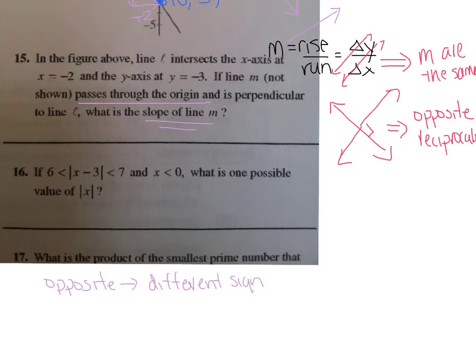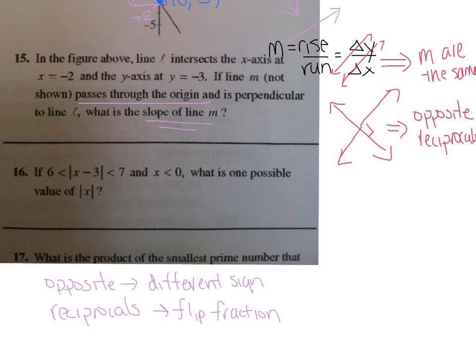And the word reciprocal means I take the fraction, whatever it is, and I flip it over. This would be basically the fraction that would multiply with the other fraction to become 1.